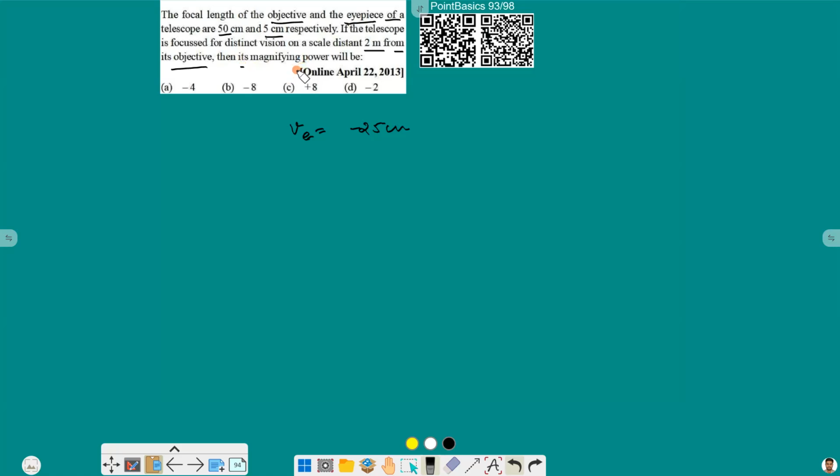So here we can say F of O is 50 centimeter, F of E is 5 centimeter, and here U of O is 2 meter, and that will be negative. So using the lens formula, we can write that 1 by V of O is equal to 1 by F of O plus 1 by U of O, that will be 1 by 50 plus 1 by negative 200. From this, we will get V of O is equal to 200 by 3.